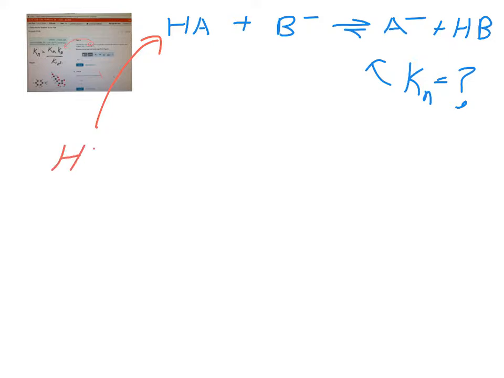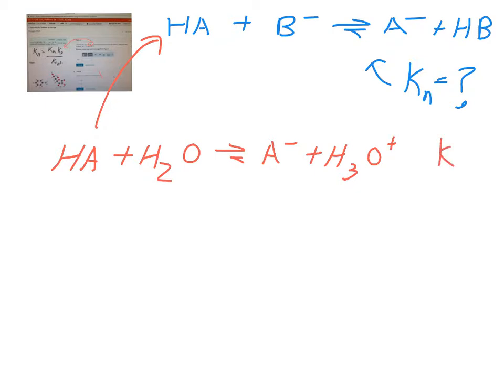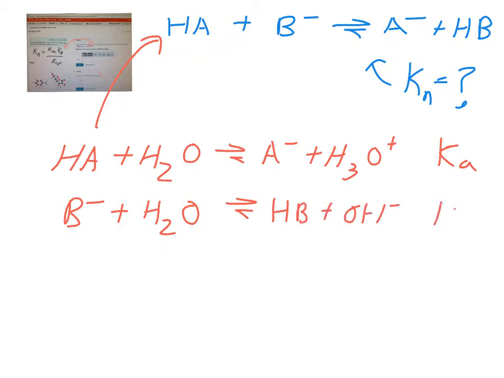I have my acid wanting to behave like an acid, and when it does that, it has an equilibrium constant of Ka. I also know that my weak base wants to behave like a weak base.